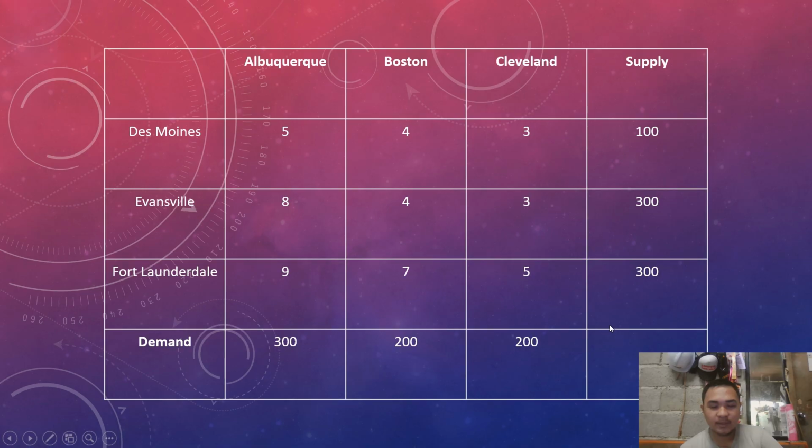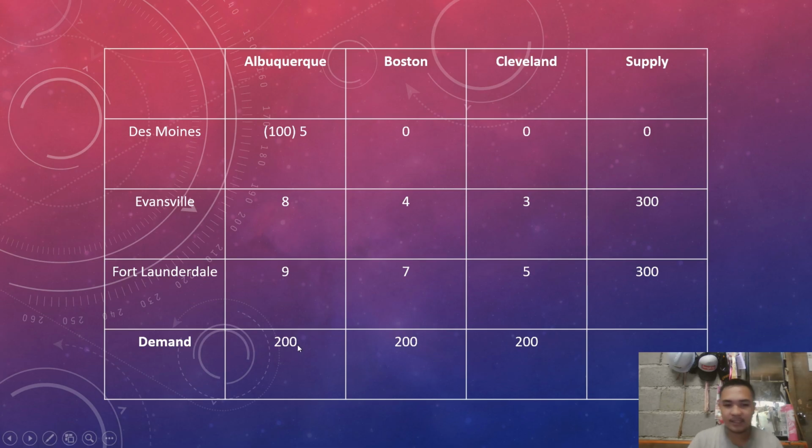To do the Northwest Corner method, we start at the northwest corner, the number $5. Since we have 300 demand and 100 supply, we'll allocate the entire 100 supply of Des Moines to Albuquerque, turning the supply into zero and the demand into 200.